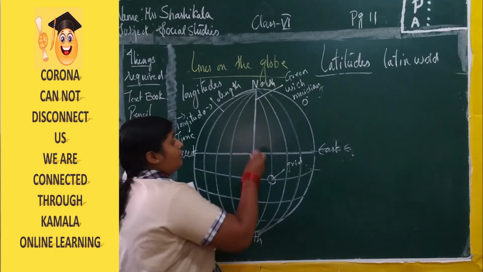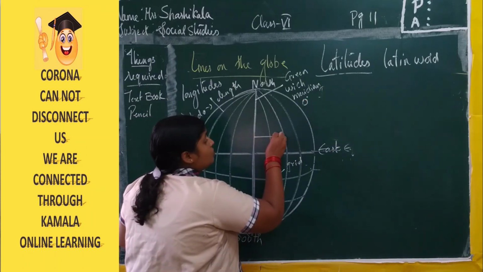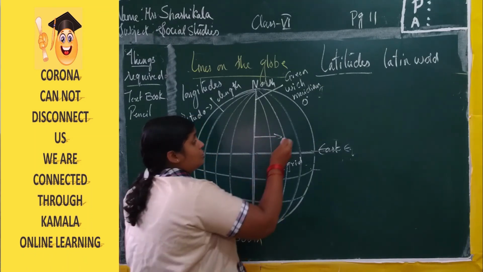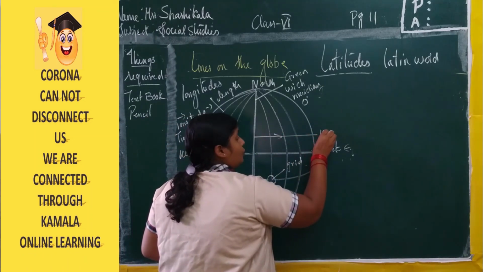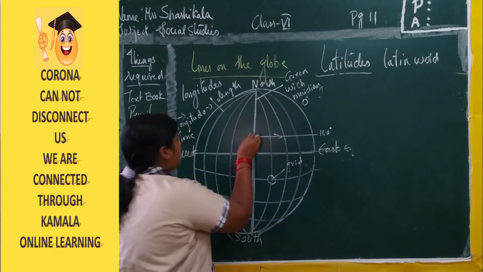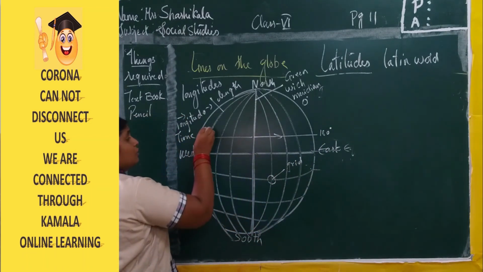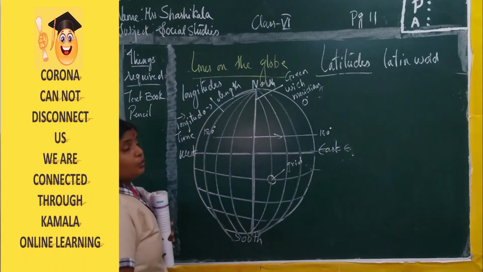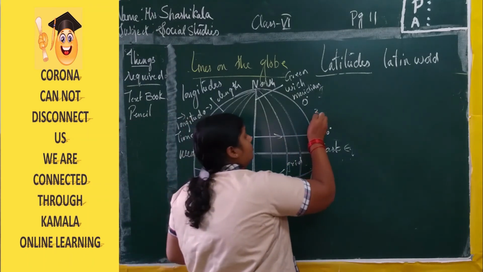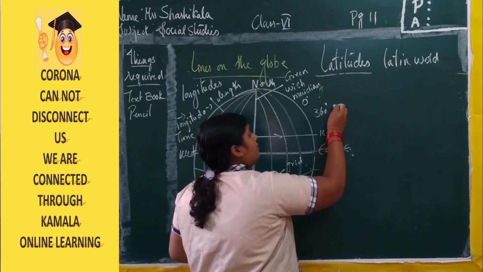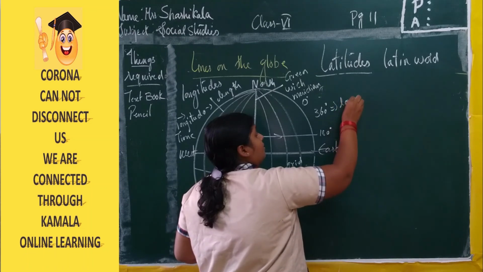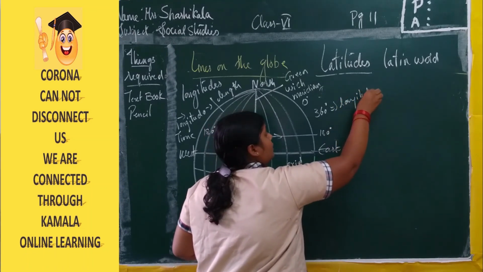And the longitudes which are moving towards the east direction are 180, and those moving towards the west direction are also 180, total 360 longitudes.